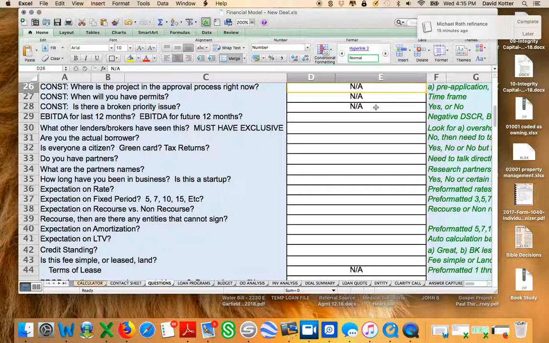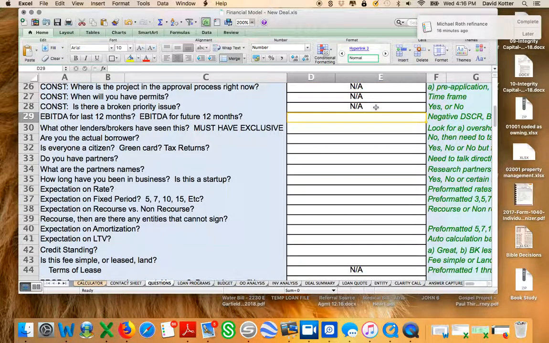Is there broken priority, meaning that have they done anything to start on the project without getting approval yet through the title company? That can cause a major issue if the builder starts building on there before a loan actually is put in place. That's sort of a no-no for title companies.